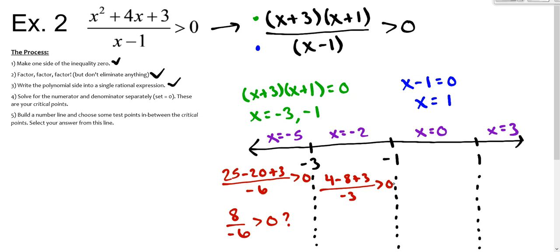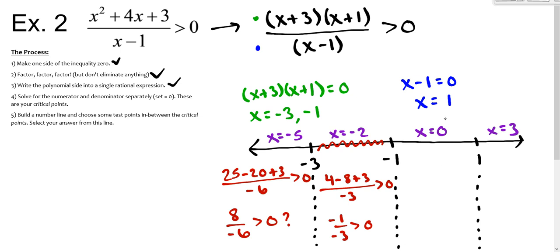Is that going to give me a positive number? 4 minus 8 is -4, plus 3 is -1. Is -1 divided by -3 greater than 0? Well, yeah, because a negative divided by a negative is a positive. Positive numbers are greater than 0. So this part is going to be included in my solution. I'll go ahead and shade a little bit.